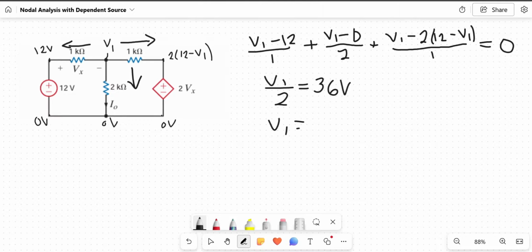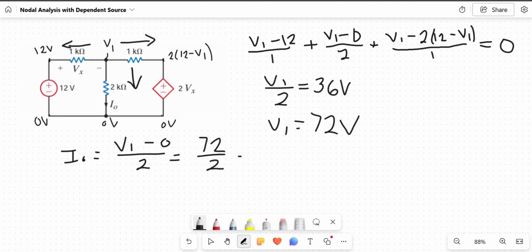So our V1 ends up being 72 volts. And since we're trying to find the I naught over here, we get I naught equals (V1 minus 0) over 2. So 72 over 2, and we get 36 milliamps for I naught.